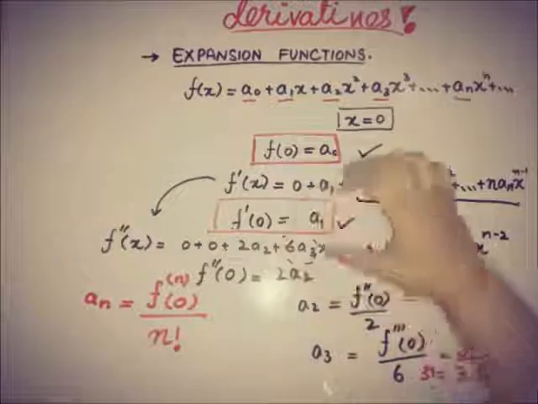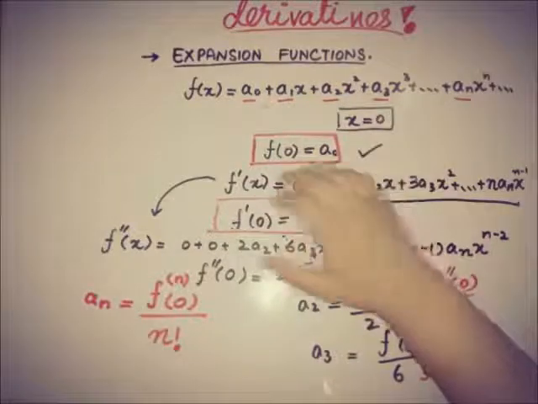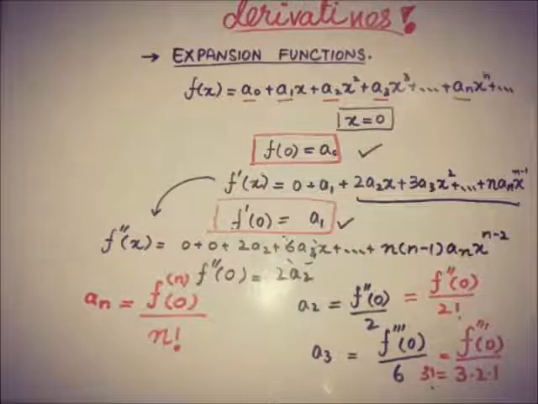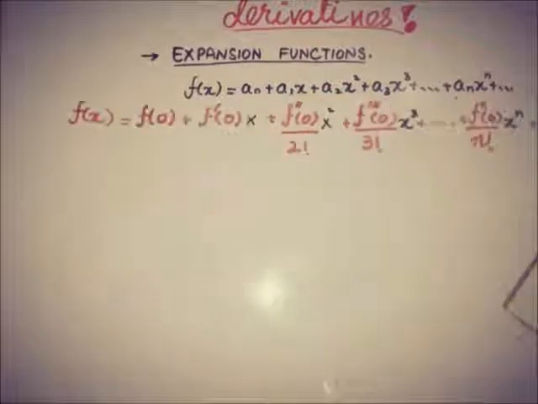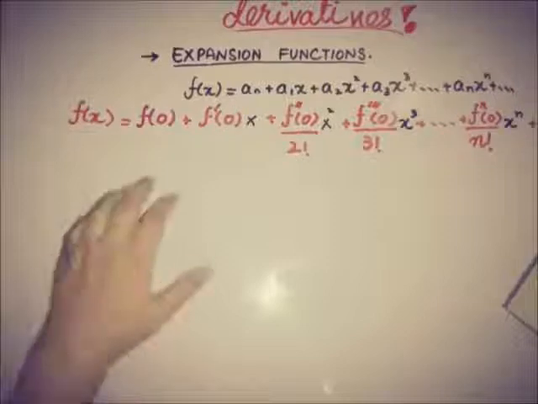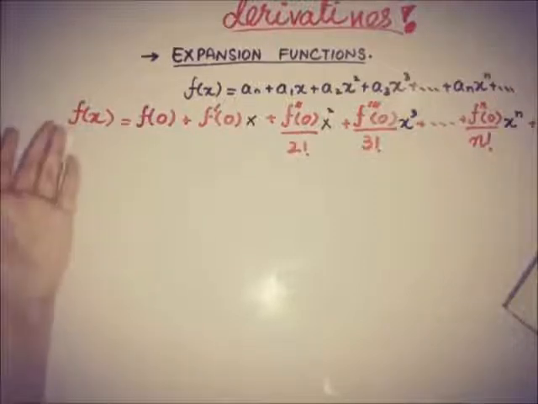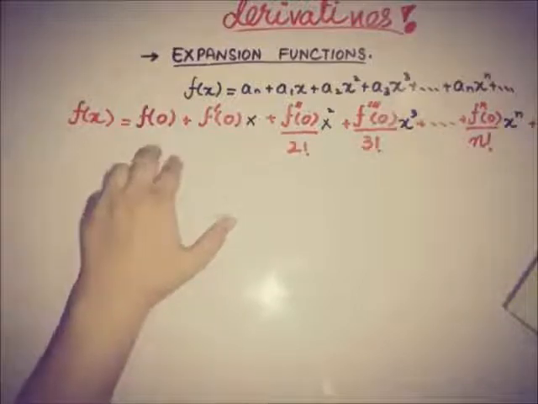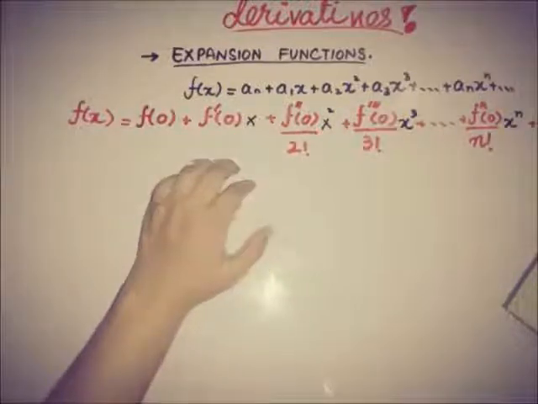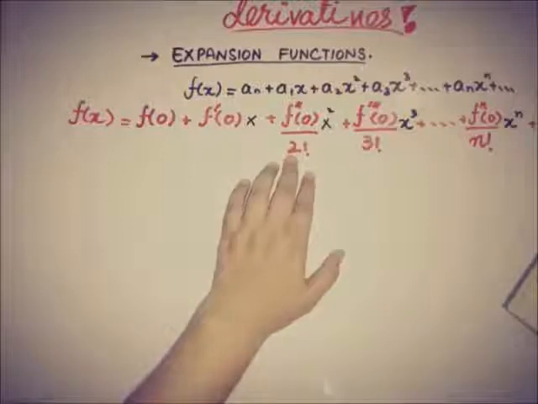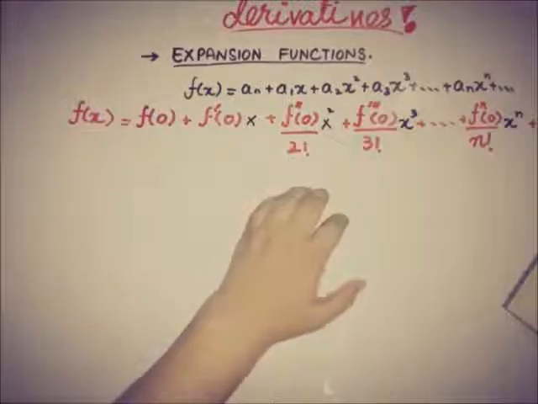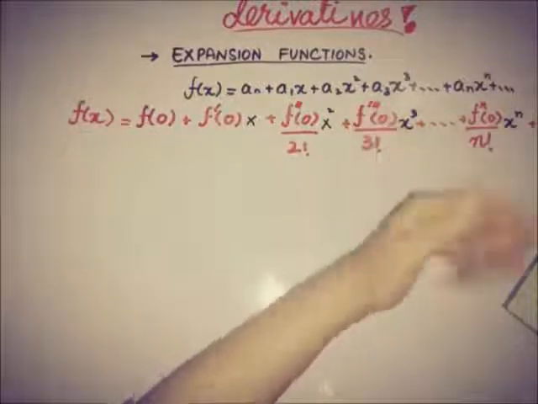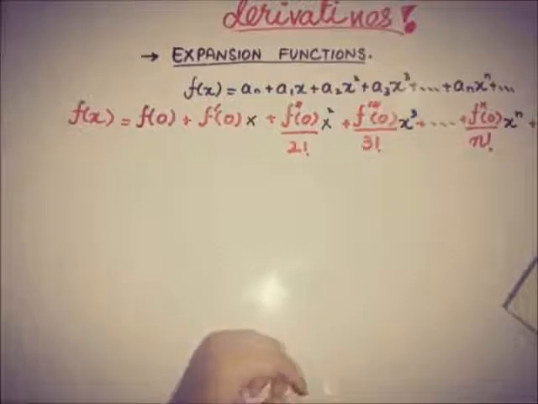Substituting the values of the coefficients in the power series, we have f of x equal to f of 0 plus the first derivative at 0 times x, plus the second derivative at 0 divided by 2 factorial times x squared, and then the same pattern continues.